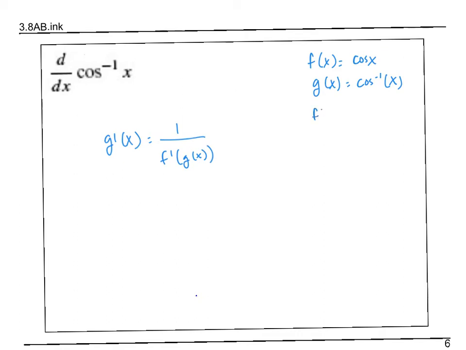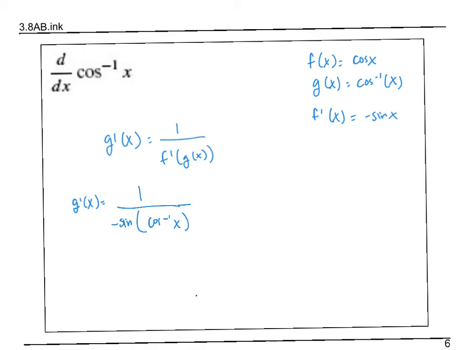So side work: f prime is negative sine. So g prime is 1 over negative sine of cos inverse of x.